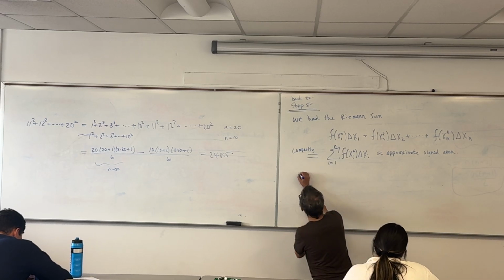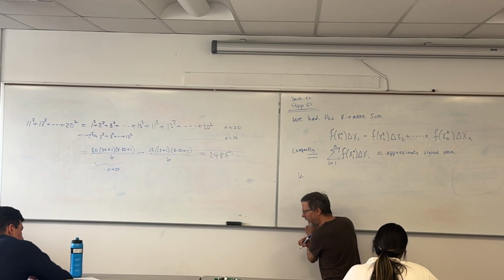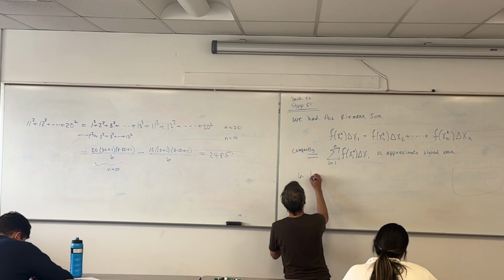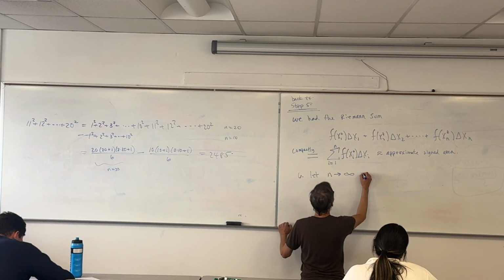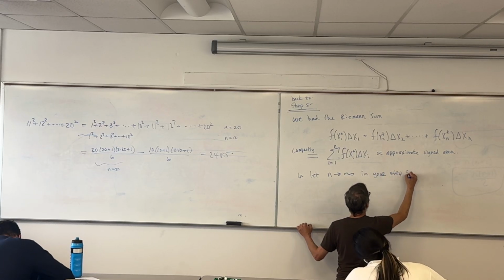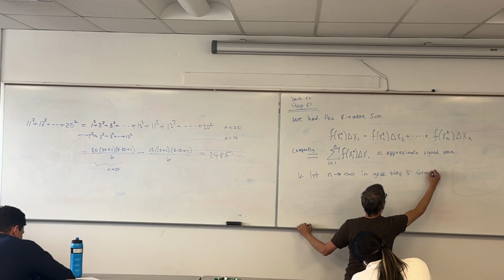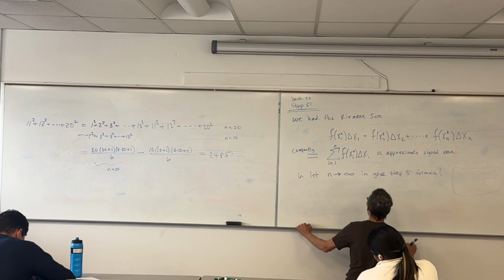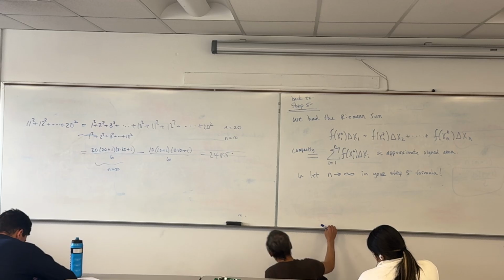And that's when step 6, our final step, comes in. Let n go to infinity in your step 5 formula. Exclamation point, because I'm stoked, because I'm about to write something here.